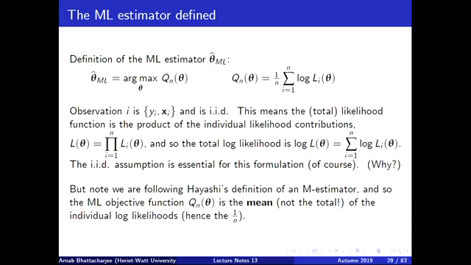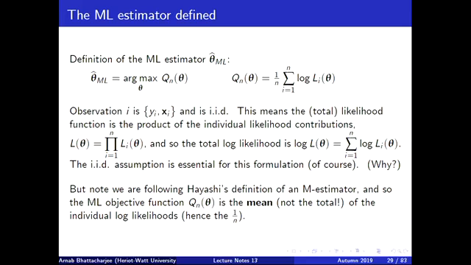What is important here? Observation yi xi is IID. I've assumed that for the moment, certainly. This will be broken down later on, right? In Econometrics 2, we will come to situations straight away where this will break down.